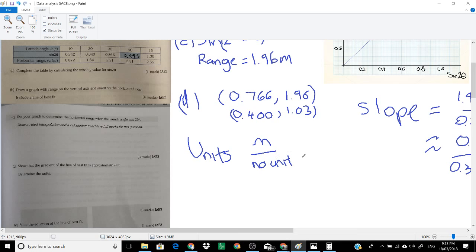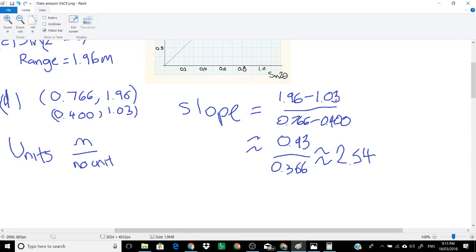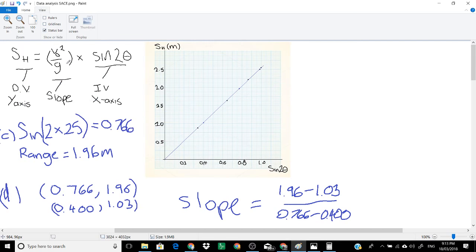More particularly, I'd say unitless. So if you have meters over no unit, the unit is meters. So 2.54 meters.